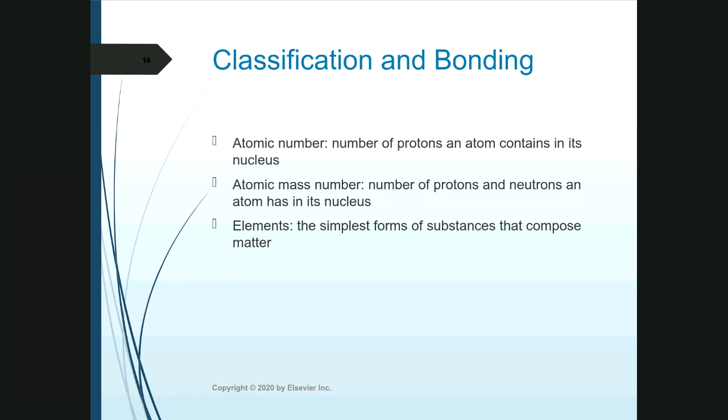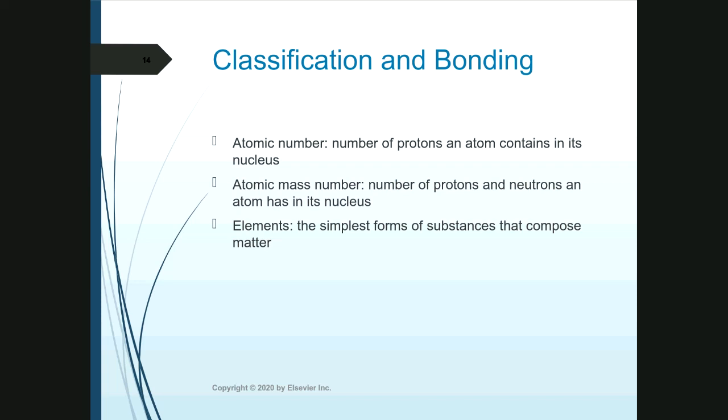The atomic mass number is always the sum of the protons and the neutrons in the nucleus. So when you have the atomic mass number, it's always the total of the number of protons and neutrons in the nucleus of an atom. We'll use tungsten for an example because that's one we always have to know. When we look at tungsten, it has 74 protons.